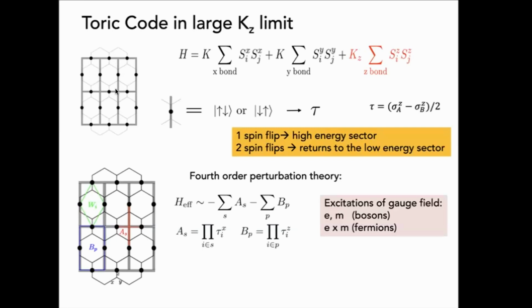Now you take the two qubits sigma on the bond, and you look at the subspace of the two qubits on the bond, which will be up, down, or down, up. You define a new qubit tau based on that link variable. Then you do fourth order perturbation theory to get the square lattice effect.